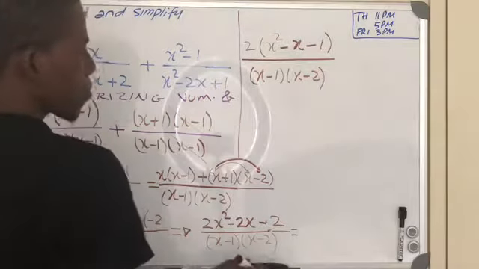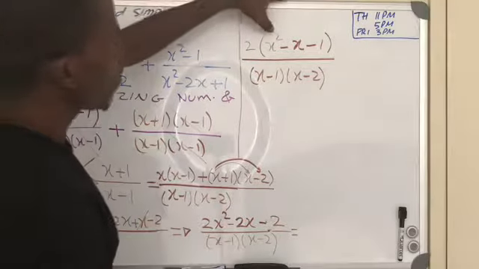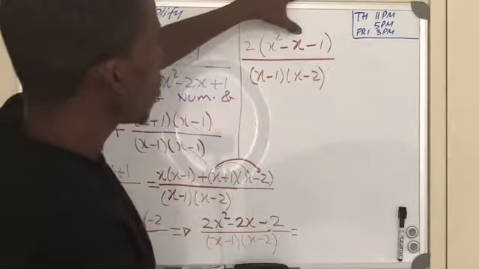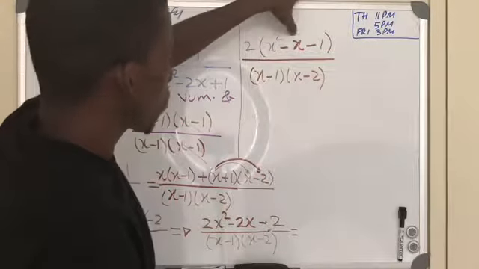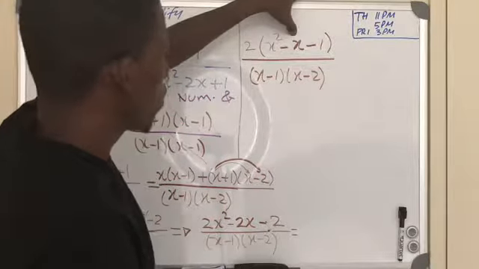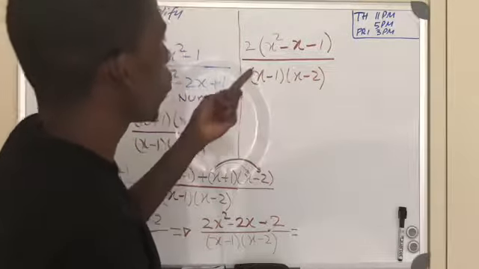Okay, so from here I can see right here this is a trinomial. I can try to see if I can again factorize this trinomial and see if I have any of these terms in it, so I can simplify more.